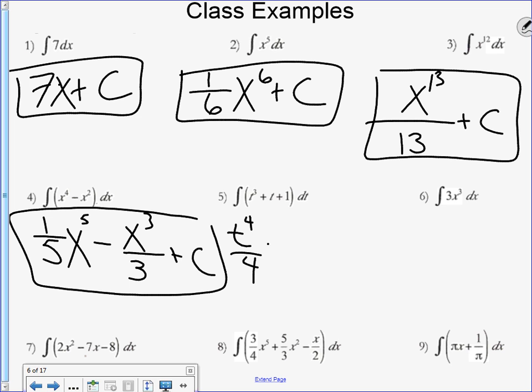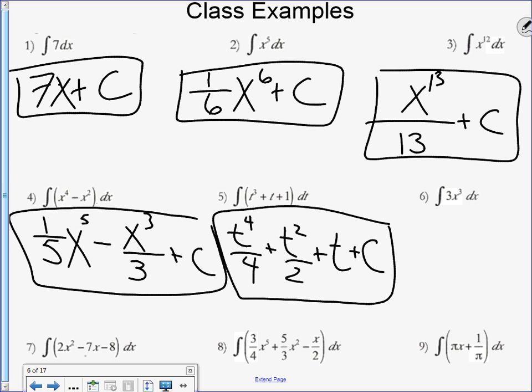T squared over 2, so plus t squared over 2, or 1/2 t squared. Ooh, what about the antiderivative of 1 with respect to t? What's 1 going to be the derivative of? Yes, Kim. Just t. And then we need plus c. So we have t to the 4th over 4 plus t squared over 2 plus t plus c. Nice.